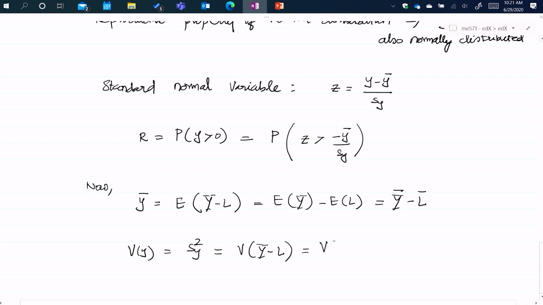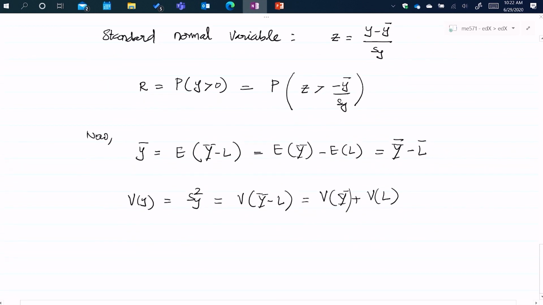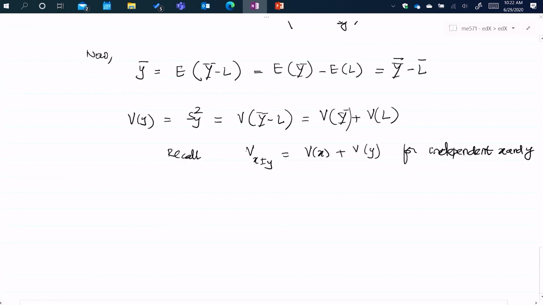That's equal to the variance of strength plus the variance of load, which we know as: variance of x plus or minus y is equal to variance of x plus variance of y for independent x and y. This is something we learned in expectation and variance.